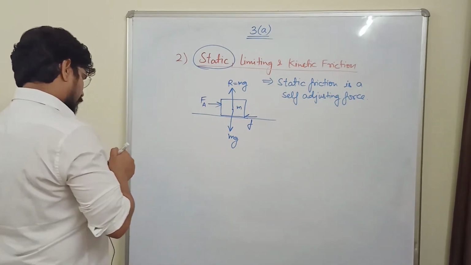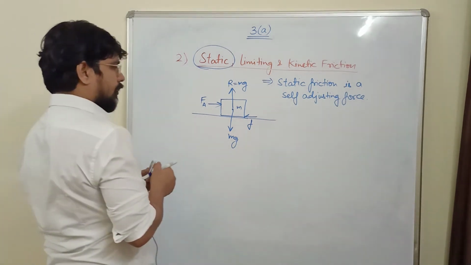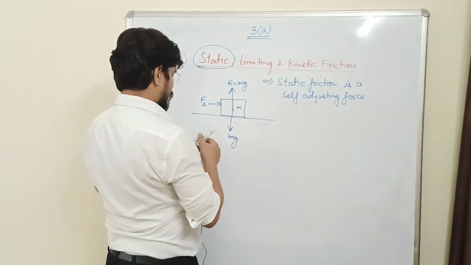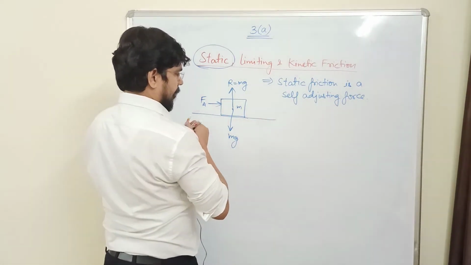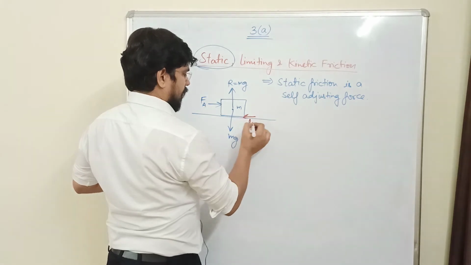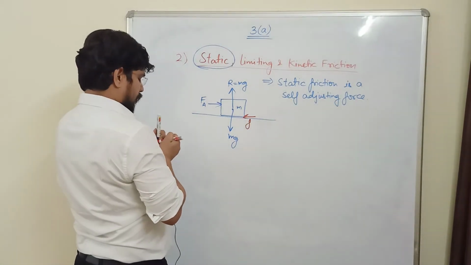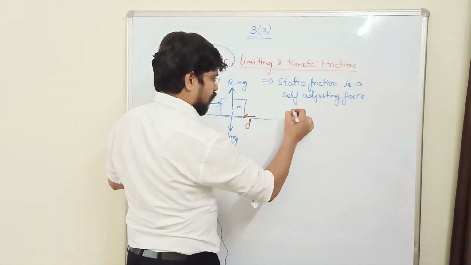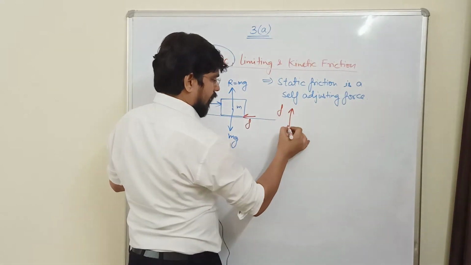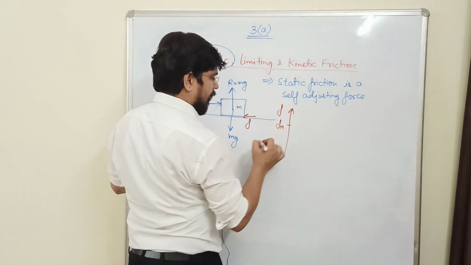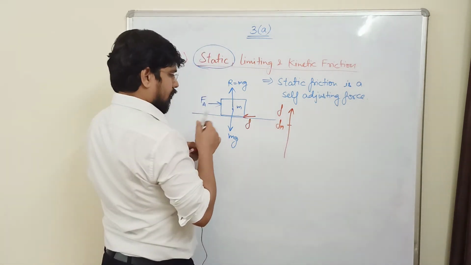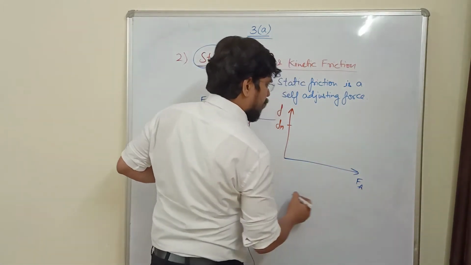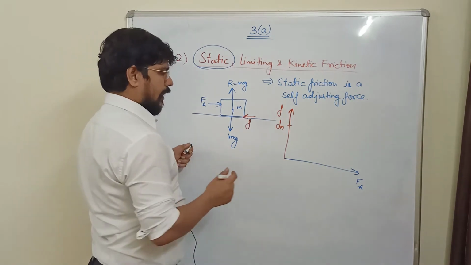So if we plot a graph between applied force and force of friction, let me take the force of friction in red color and the applied force in blue color. Let us have a graph with the force of friction, that is small f, and let Fm be the maximum value of the force of friction, and with blue I have the applied force Fa, which can be increased to any value as we want.